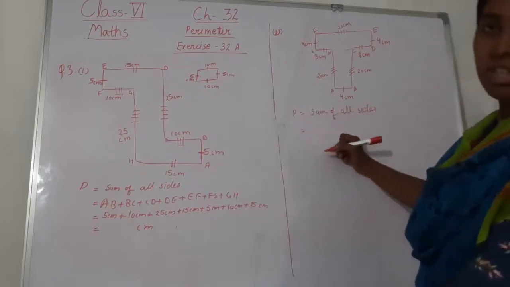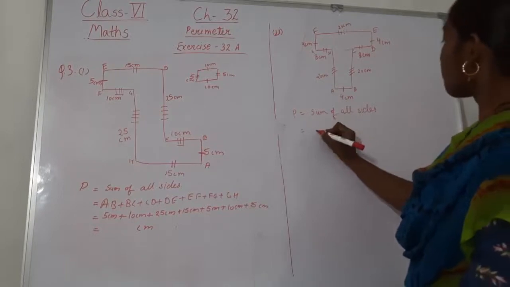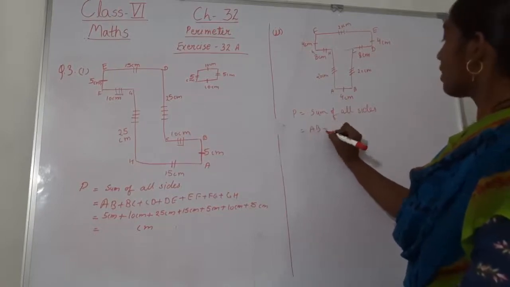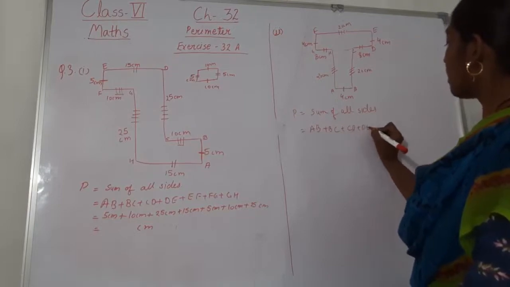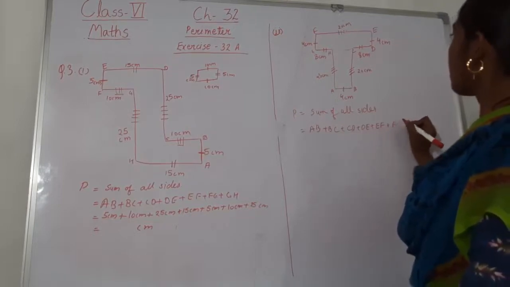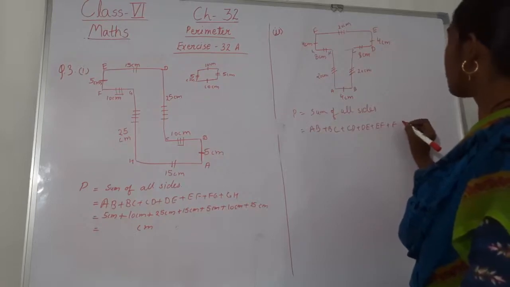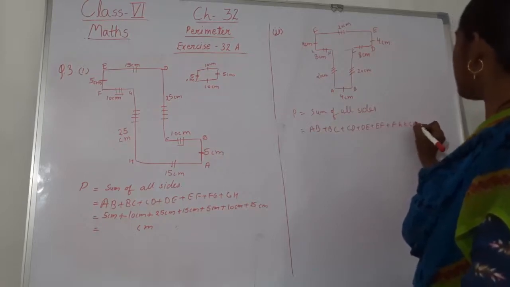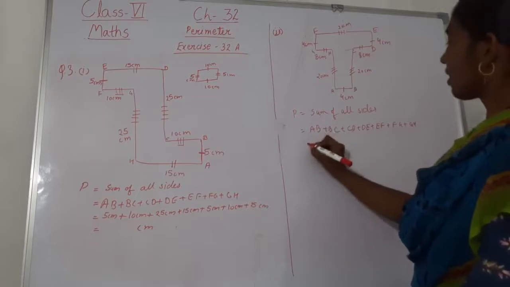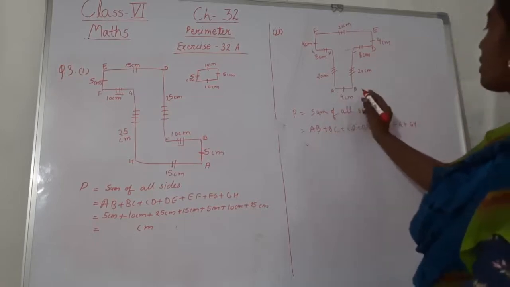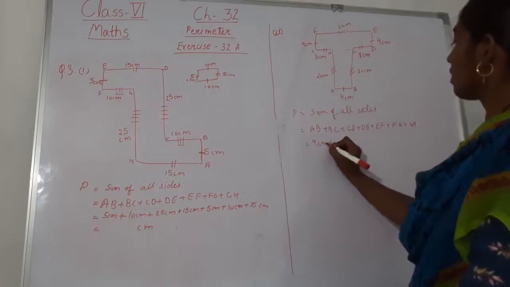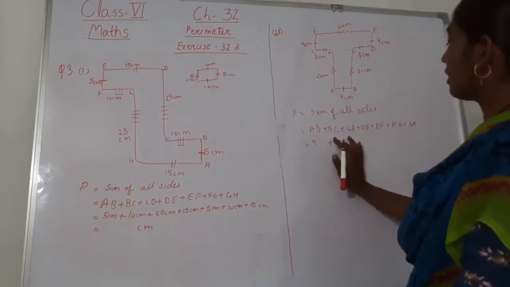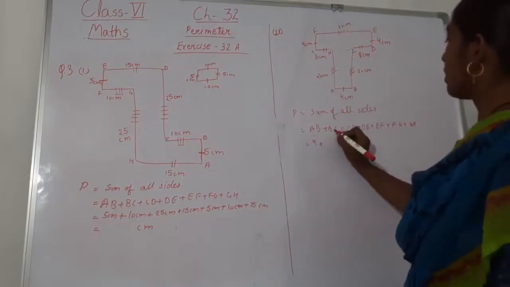Sum of all sides means AB plus BC plus CD plus DE plus EF plus FG plus GH. Okay, AB is how much? AB 4 centimeter. I am not writing centimeter, we will write afterwards.